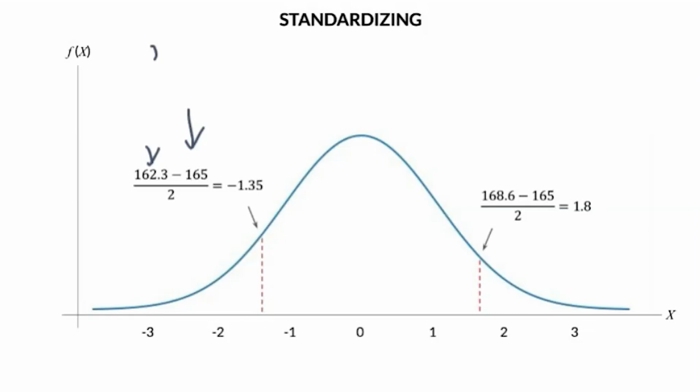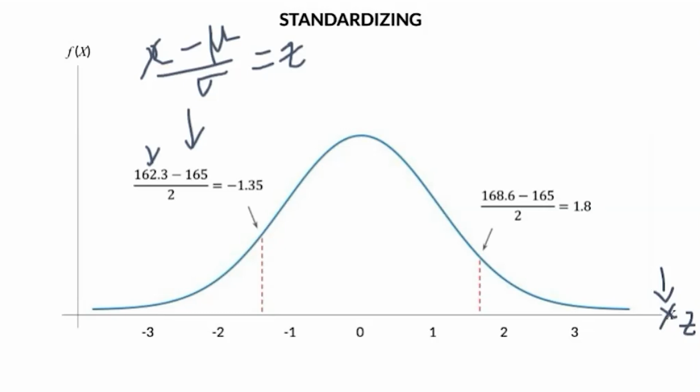Okay, x minus mu divided by sigma. This is called the z-score. Basically, there's a mistake on the x-axis. It shouldn't be x, this is z. Okay, the x-axis variable is now z. If I standardize it, it will become z. Minor thing, but I hope the point is very clear.